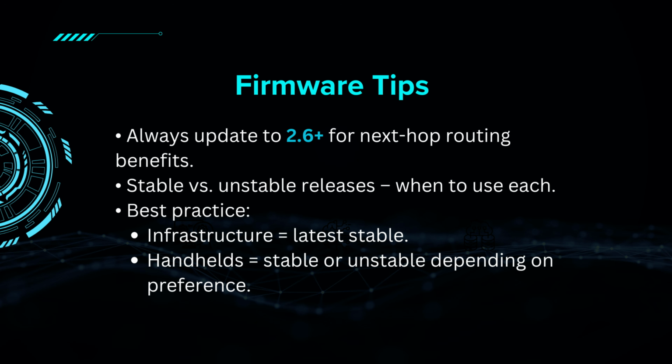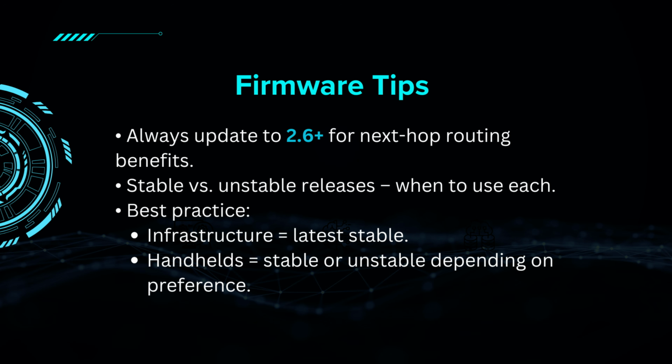So that's my main reason for telling people they should update to 2.6 and above. Additionally, you're going to get the next hop routing benefits that they've put in there. So that's my argument for it. If you want to run the old stuff, you're out in the middle of nowhere, you do you.